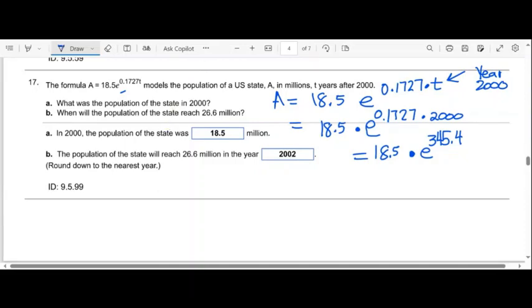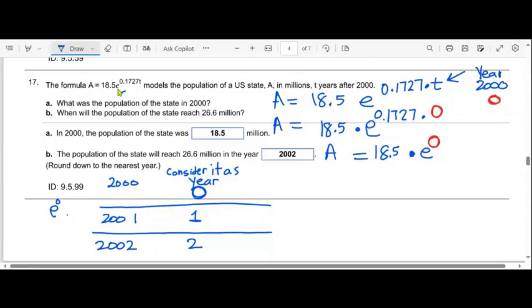Okay, as you can see from the formula, please read 17. The formula A equals 18.5 e to the power of 0.1727 t models the population of the US state A in millions, t in years after 2000.